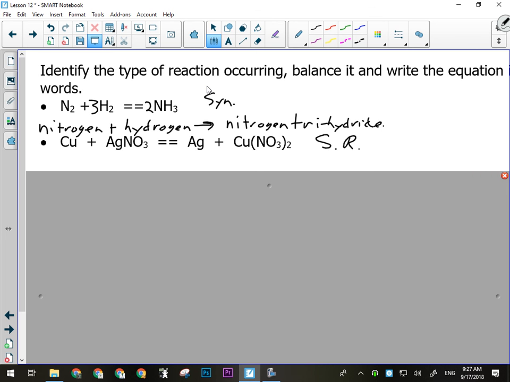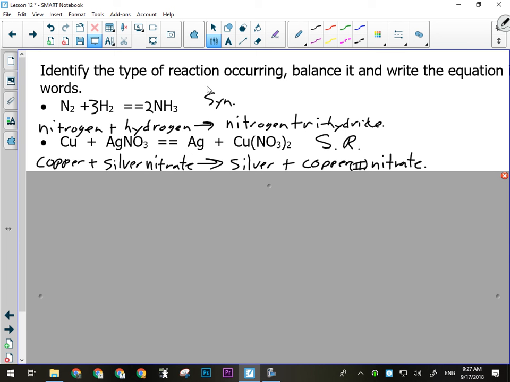You can always abbreviate, just SR will be fine. So we have copper reacting with silver nitrate, and that's going to produce silver and copper 2 nitrate.